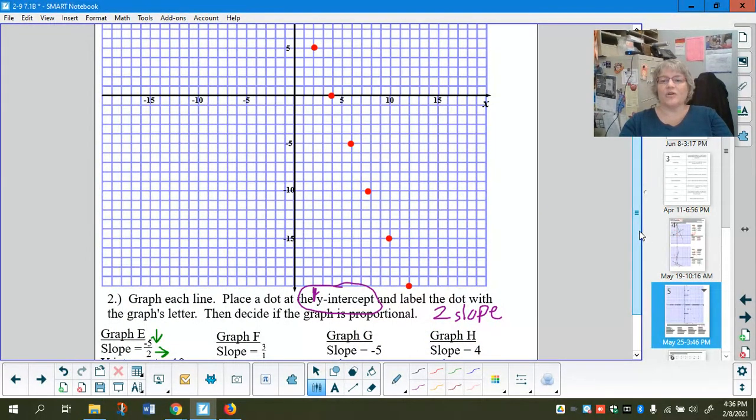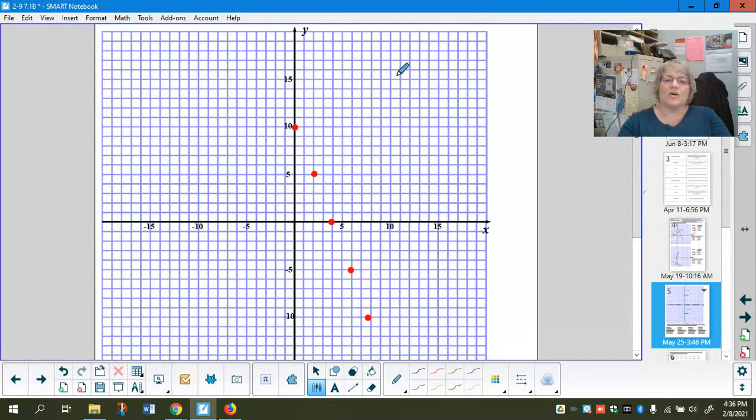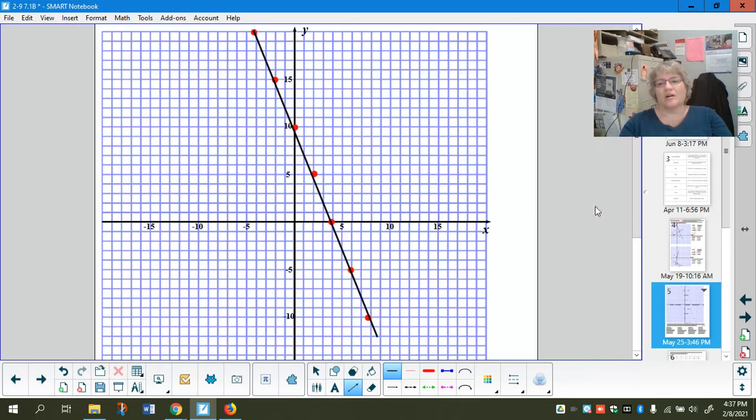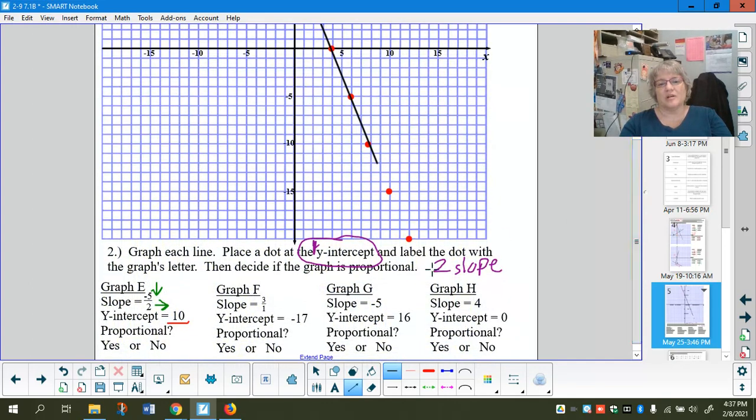Okay, and now you're still not done. Now we're just going to continue that line in the opposite direction. And so we're going to do the opposite thing. We're going to go up 5 and to the left 2, up 5 and to the left 2 until we run out of graph. So we want our line to go all the way from one edge of the graph paper all the way through the other edge of the graph paper.